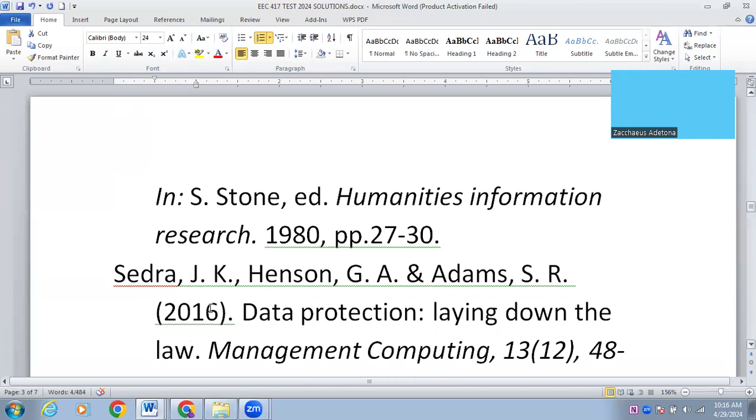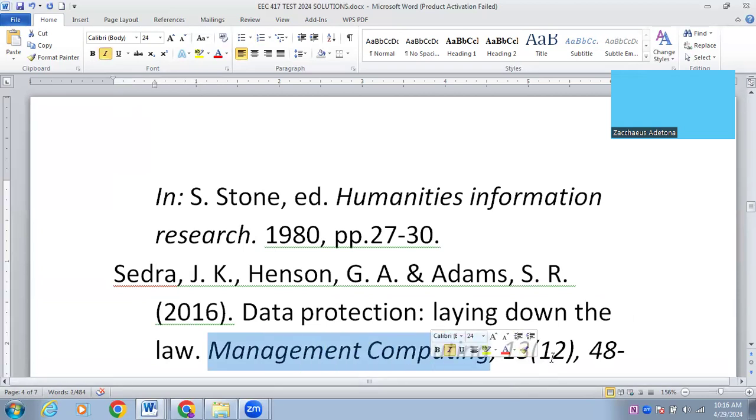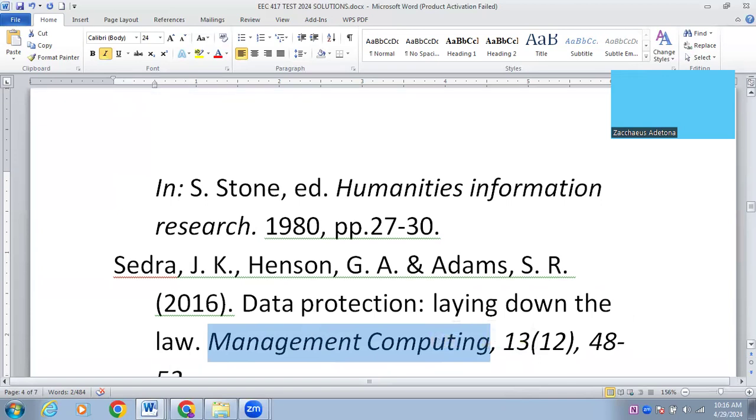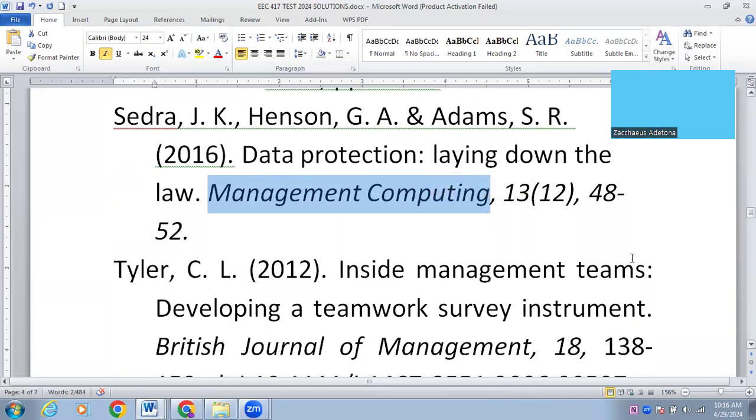We have Cedra JK, NCGA, and Adams SR, year 2016. And the journal article they wrote is Data Protection, Laying Down the Law. And the journal itself is called Management Computing, volume 13, number 12, and pages 48 to 52. And that is it. That is how to form the literature list for that reference item, which is a journal.